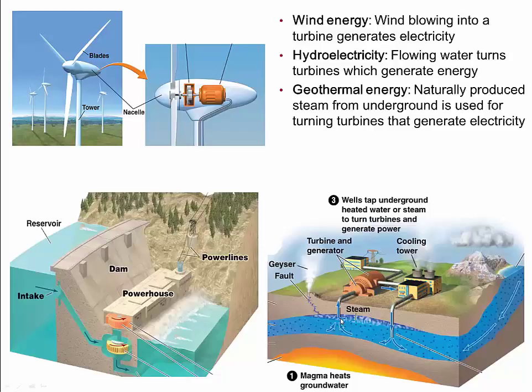We can tap into the steam, so we can put pipes down which let the steam up through the pipe and into a unit that has a turbine, and this naturally produced steam turns the turbine, which then produces electricity. So these are all different ways in which we can use the energy from nature to turn a turbine and generate electricity.